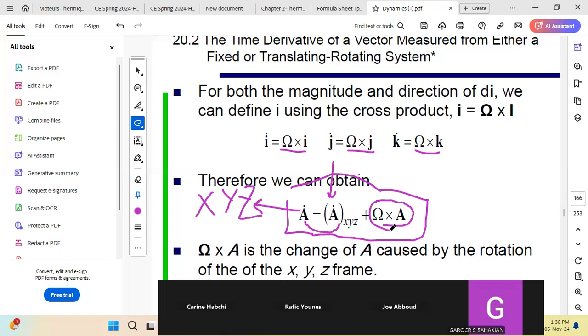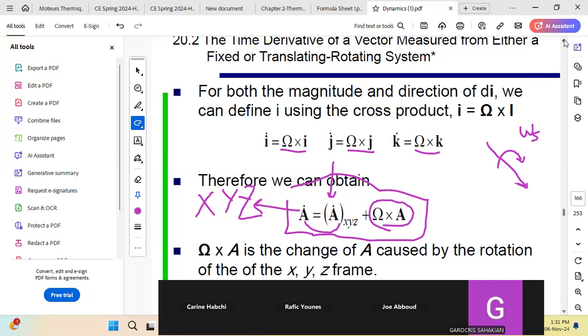If I want to apply this result on the disk example, for you to understand better how it is applied, we said we can first define the angular rotation of the disk, omega s, about its own axis of rotation.